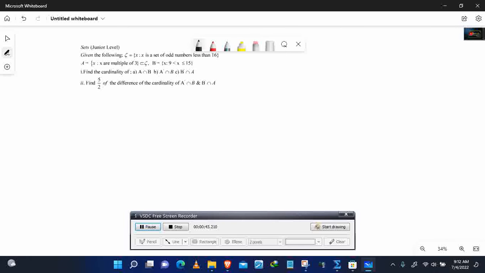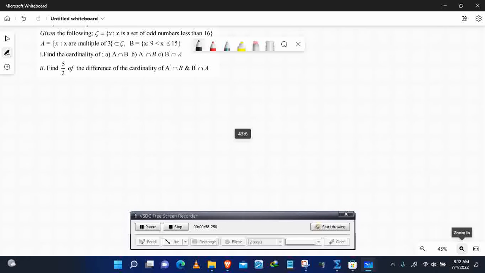We've been told to find the cardinality of A intersection B, A complement intersection B, and then B complement intersection A. And then in II, find 5 over 12, or 5 divided by 12, of the difference of the cardinality of A complement intersection B and B complement intersection A. So that being said, let's move straight ahead to solve this question.